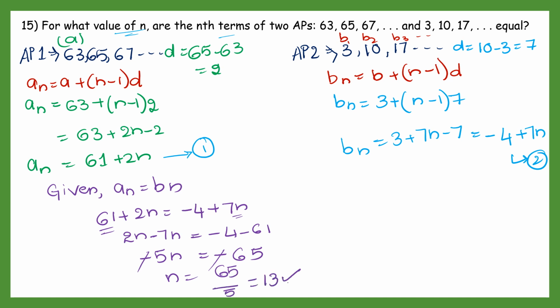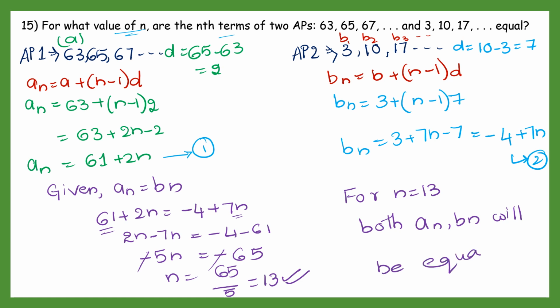So we got the value of n as 13. That means for n equal to 13, an and bn will be equal. That means the nth terms in both arithmetic progressions will be equal. So n is equal to 13. This is the answer.